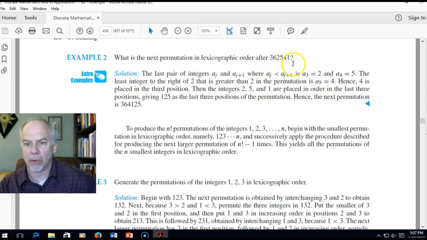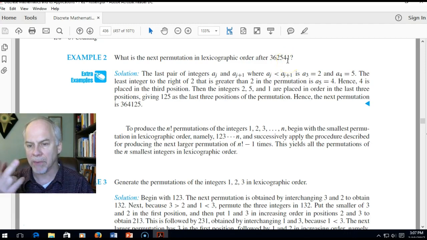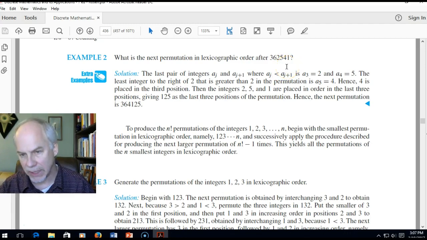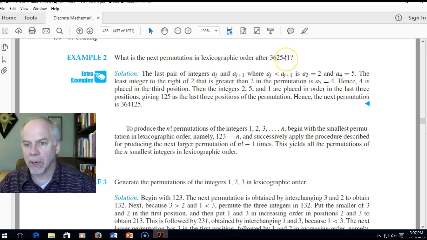Now, example 2 says, what is the next permutation in lexicographic order if it's 3, 6, 2, 5, 4, 1? Okay, now would it work to just swap the last two digits? Would that give us the next permutation? Well, no, it wouldn't, because it would actually give you a lower permutation. So you can't do that.